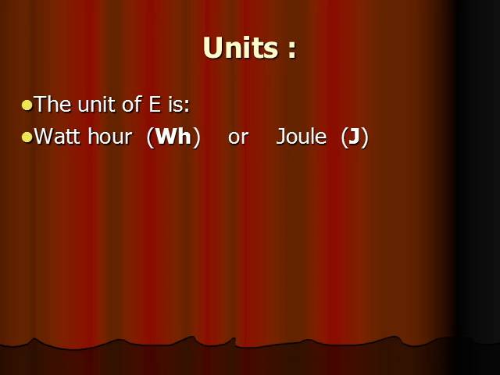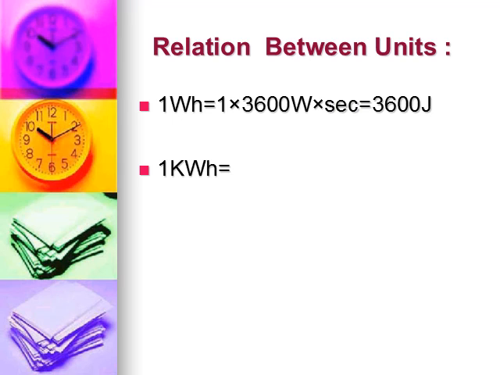Unit of energy. The unit of E is watt hour or joule, J. Relation between units. Convert from watt hour into joule, joule equals watt second. To convert from watt hour into watt second, we convert hour into second.